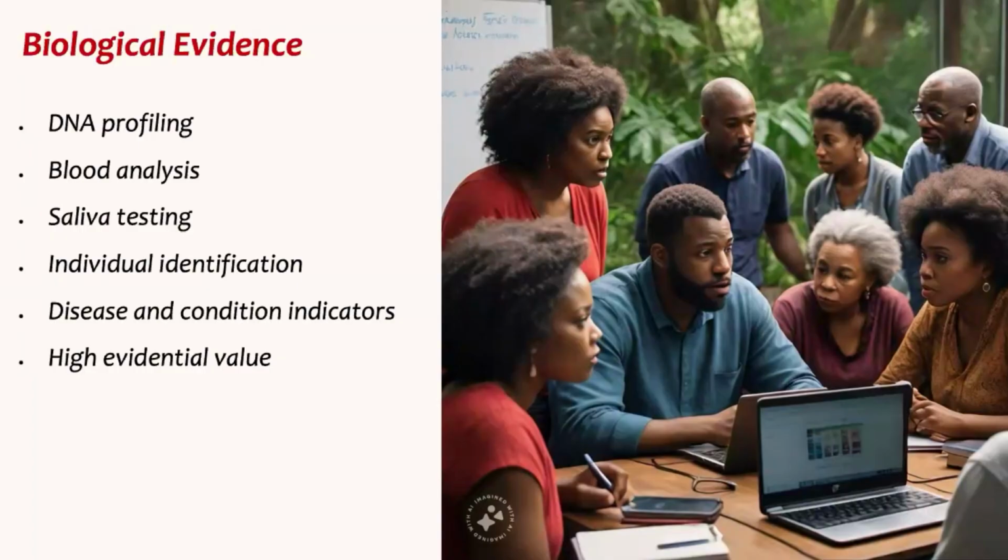On the other hand, DNA is the most reliable evidence for identification. The DNA, the blood, and saliva are used to identify individuals and establish presence at a scene. These are highly reliable due to their uniqueness and scientific basis.